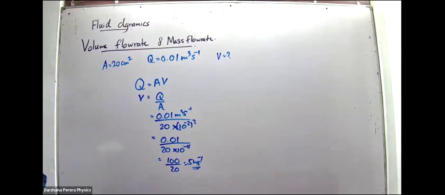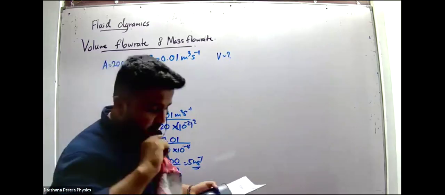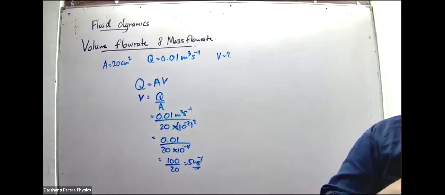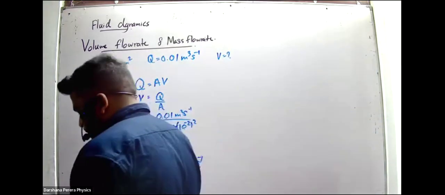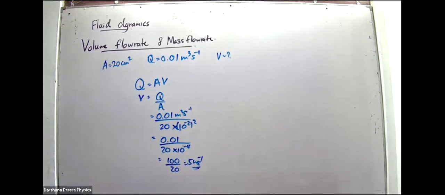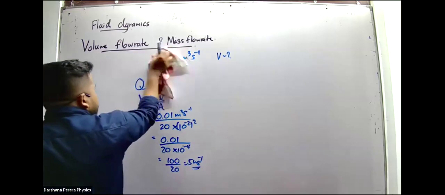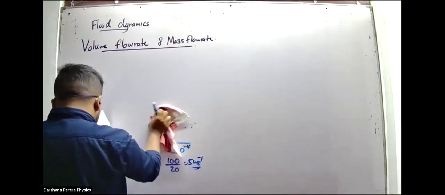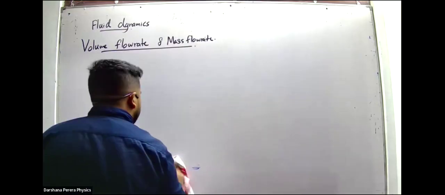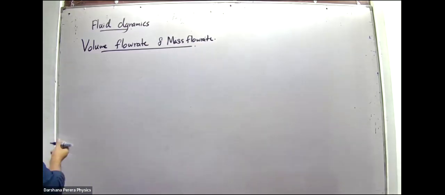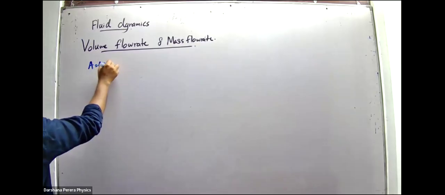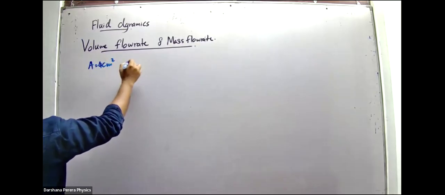So write down another problem. A tube having area 4 cm squared, and the fluid passing with 0.5 m s to the minus 1 velocity.